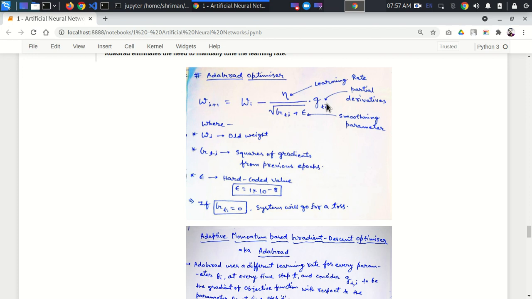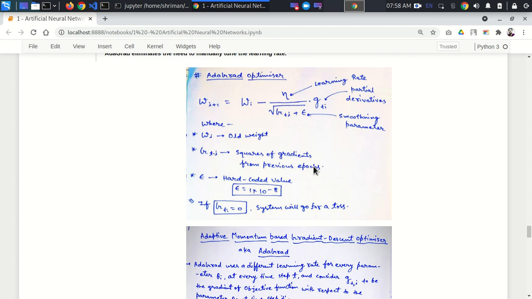For your changes, there will be a parameter G_ti, and there will be an epsilon parameter, a smoothing parameter. w_i will be your older weight. G_ti will be the squares of gradients from previous epochs. As we were talking about the momentum concept, here there is no gamma kind of thing.